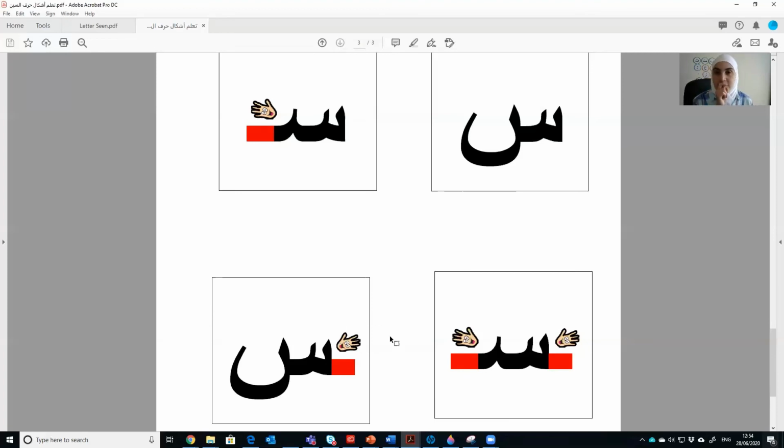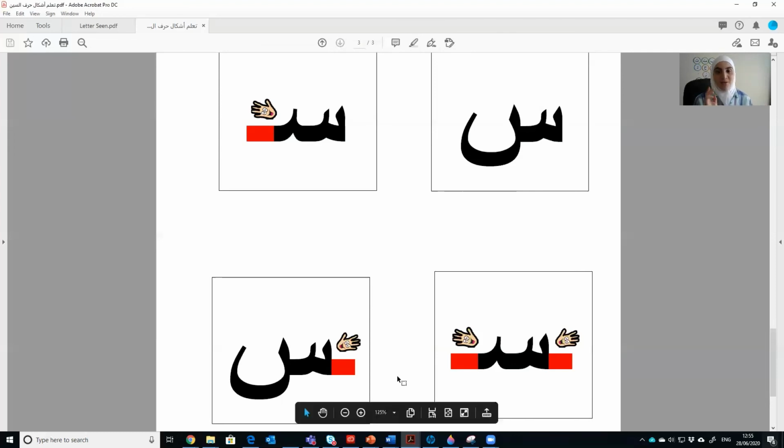Now, can you tell me, where does this form come? Does it come at the beginning, in the middle, or at the end? At the end. رائع. هذا الشكل يأتي في نهاية الكلمة and this form comes at the end of the word and has one hand to connect with the letter before.